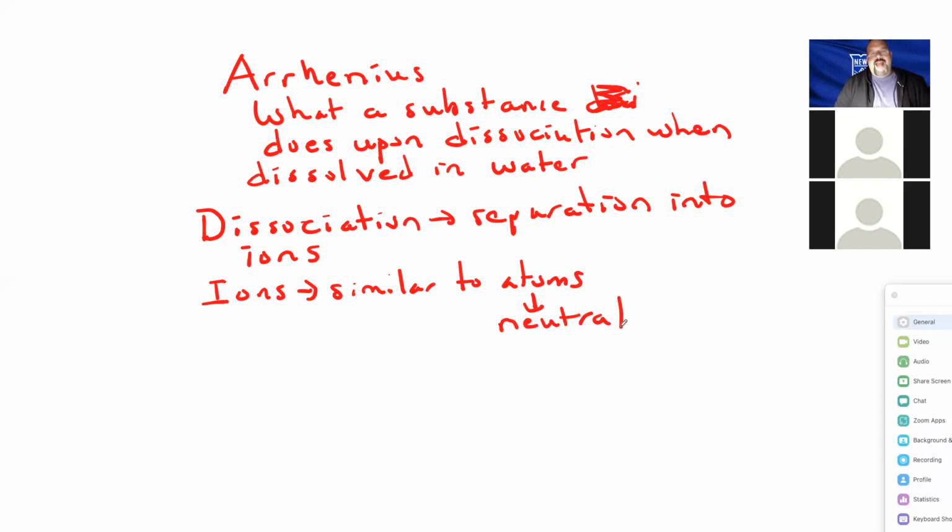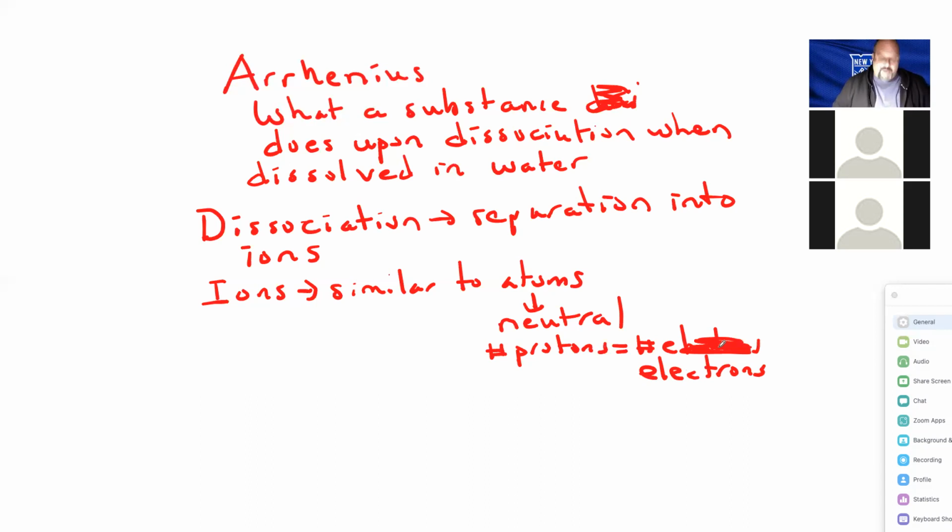So for an atom, the number of protons is always equal to the number of electrons. It doesn't have to be equal to the number of neutrons, because remember, your protons have a +1 charge and your electrons have a -1 charge. But all atoms are neutral.